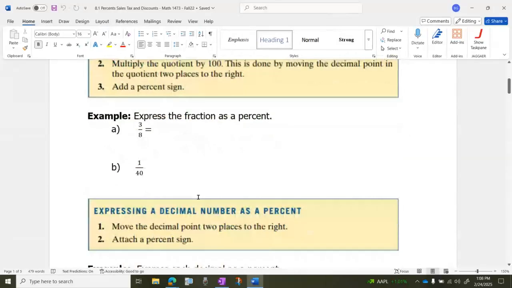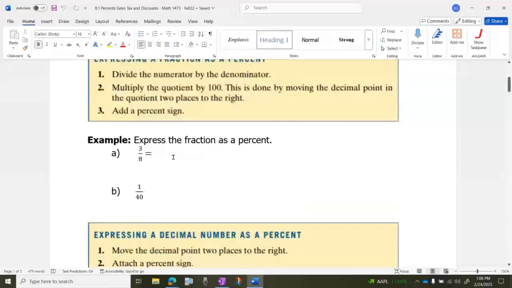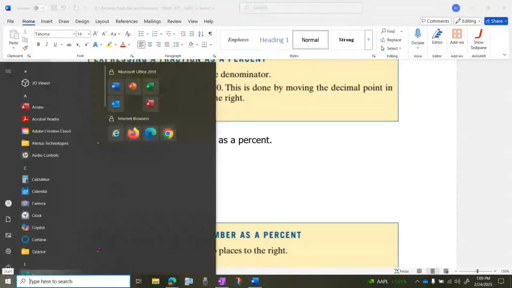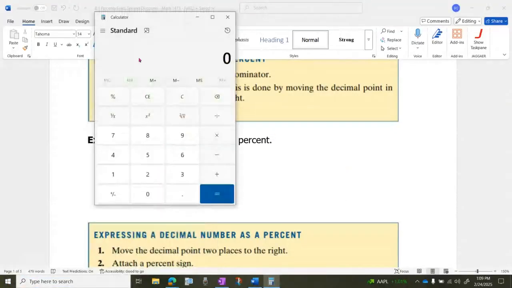Let's look at the first example. Express the fraction as a percentage. So 3 over 8. Let me show you how we go from fraction to percent. Let me get a scientific calculator.